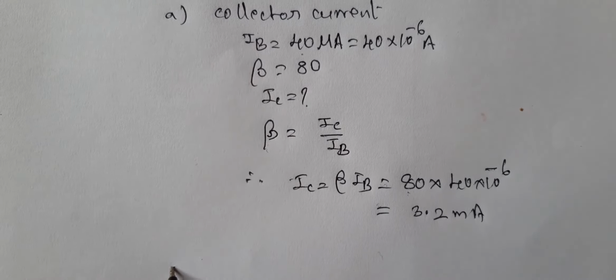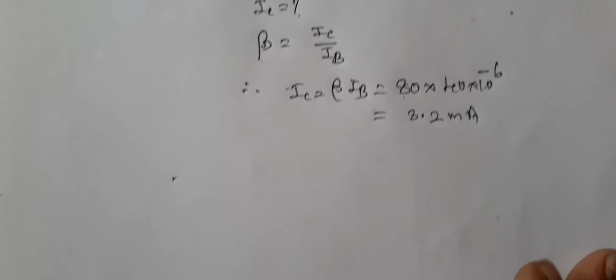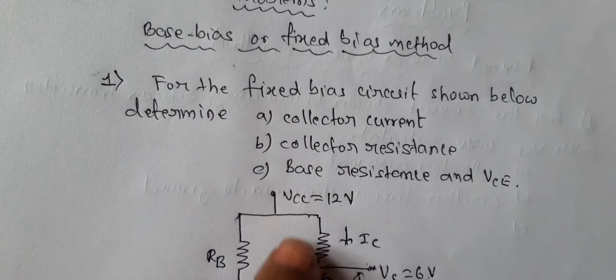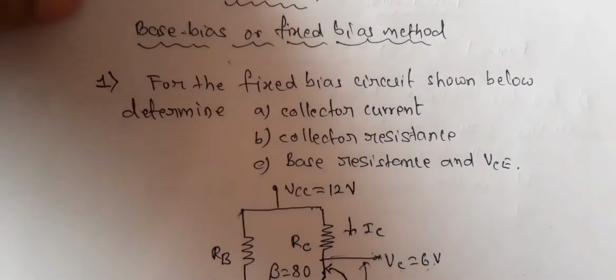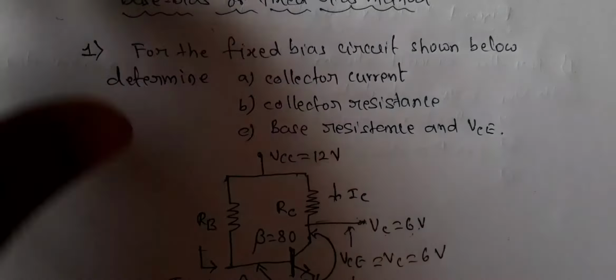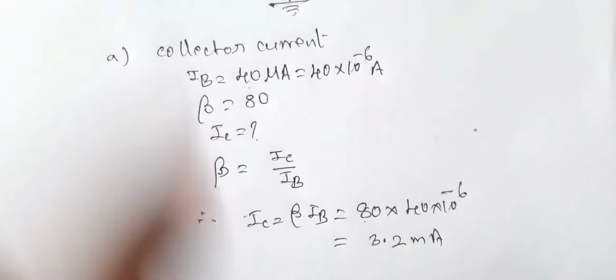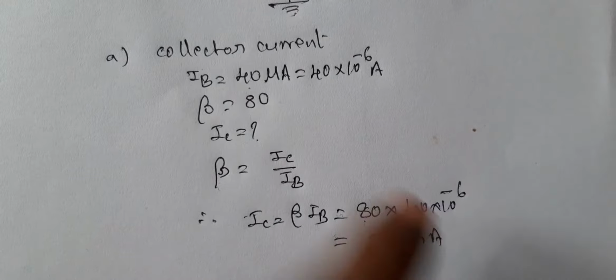Next, B. What do you have to calculate? Collector resistance. What is RC? To calculate RC, you should know IC, which is already calculated as 3.2 milliampere.